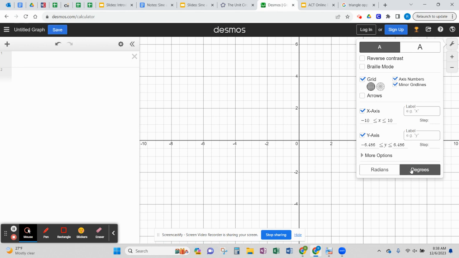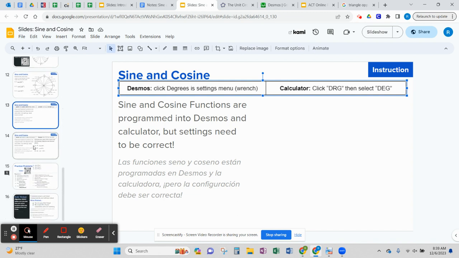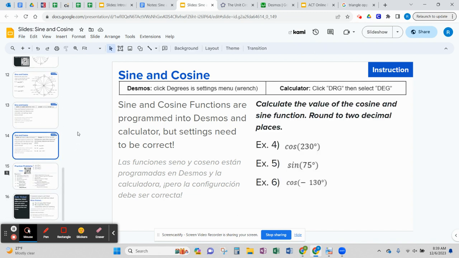We want to make sure that degrees is what's located there. Similarly, if you use your calculator, you're going to want to click the button DRG and then make sure that DEG is selected so that you're operating with the right thing. Once you have those set up, it's really easy to calculate our sine and cosine functions.